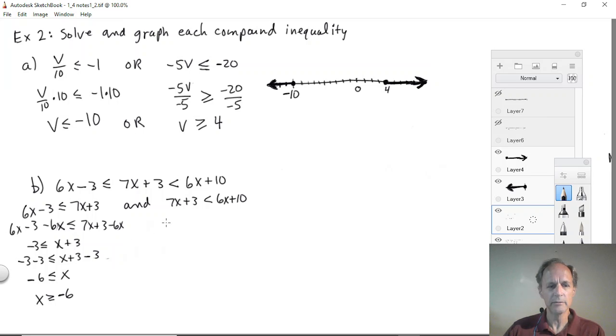Okay, so let's do the other one. We'll subtract 6x from both sides. On the left, it leaves x plus 3. On the right, it leaves 10. Now, subtract 3 from both sides.